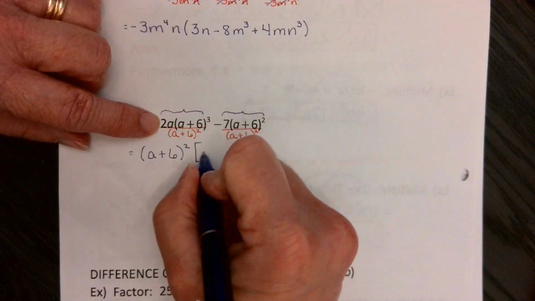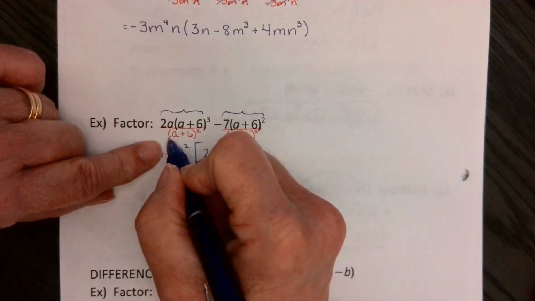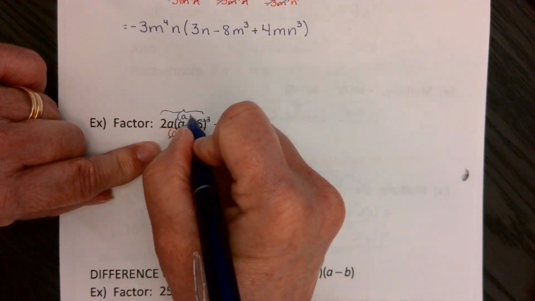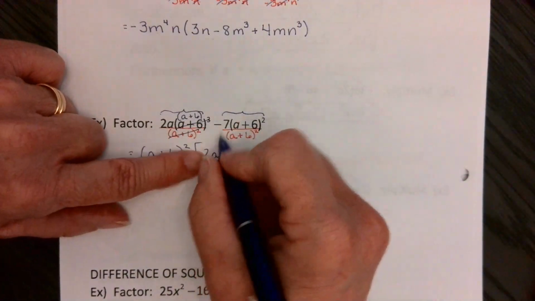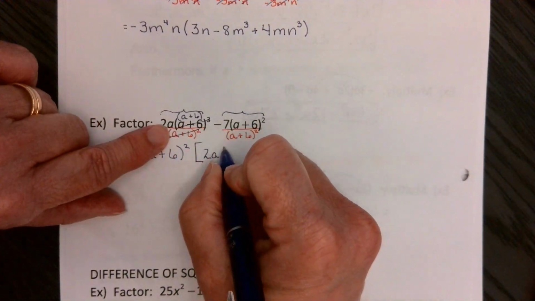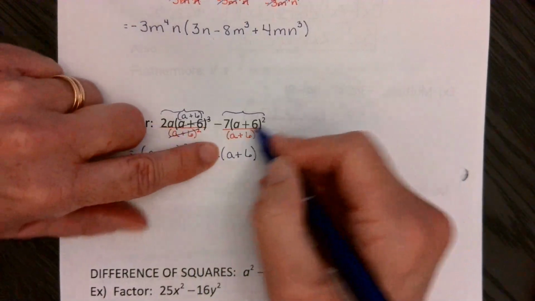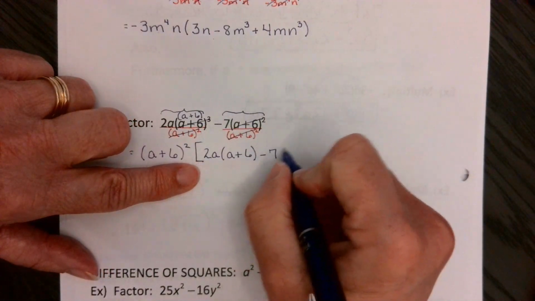So I still have this 2a, but here this goes into this, and I still am left with 1 of the a plus 6's because 3 minus 2 gives us 1. So in this particular case, I have 2a times a plus 6. Right here, these cancel, so I'm left with just minus 7.